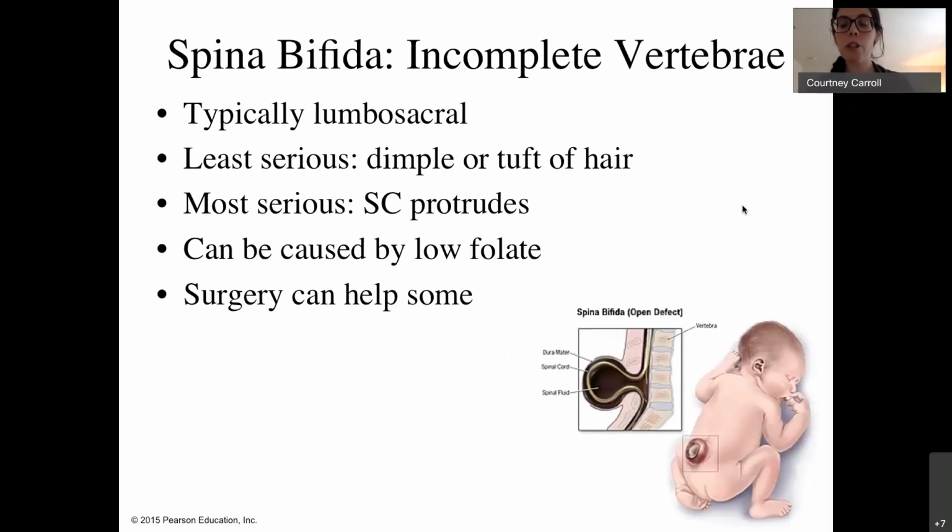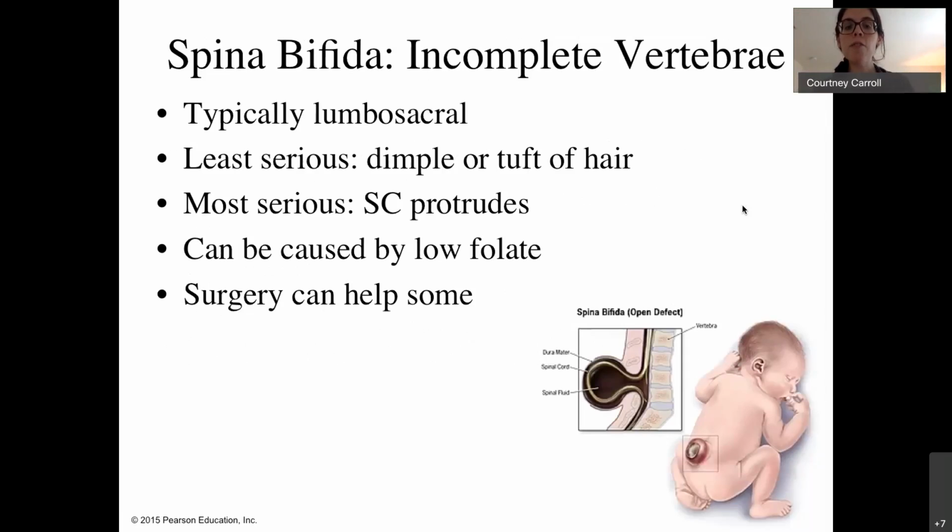So recall when we were talking about how the nervous system develops, that in utero, as embryos, our nervous system starts as a tube, and that tube is going to close, it's going to form a cylinder, and then one end of the tube is going to become the brain, and the rest of the tube will be the spinal cord.